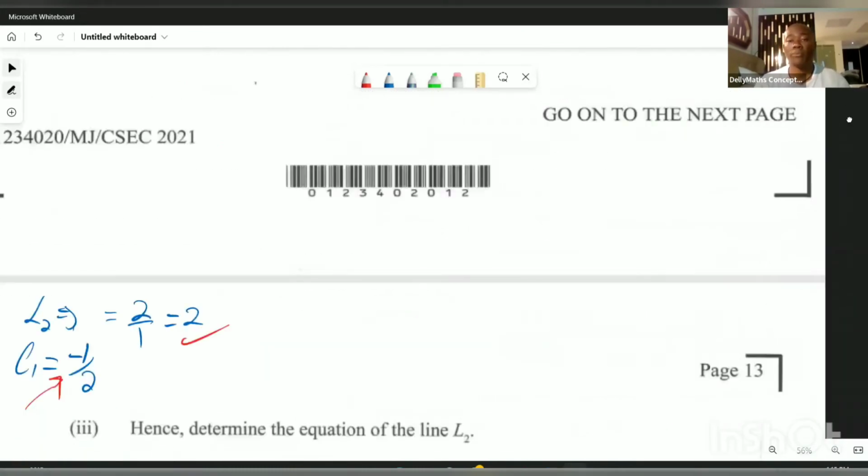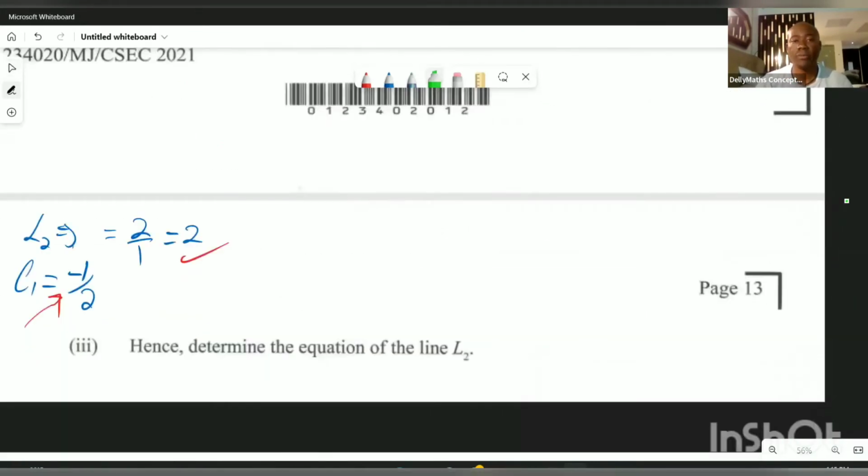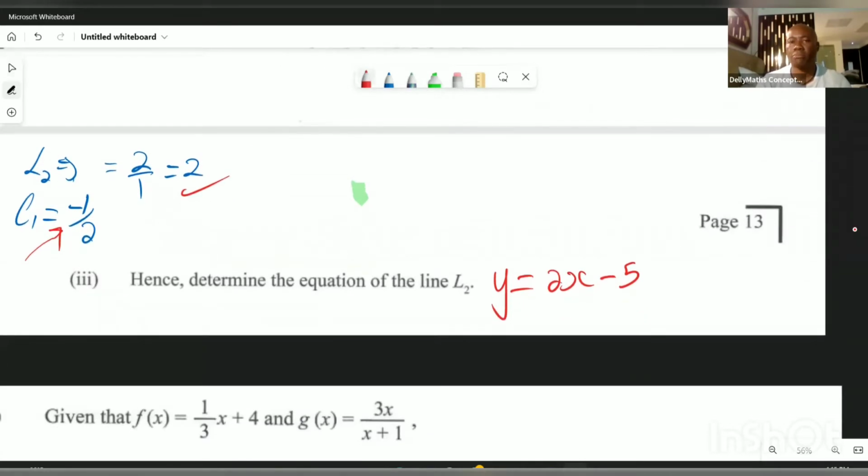So the equation of line 2 is y = 2x - 5, on the basis of where it crosses the y-axis. That's the y-intercept, -5 here, and then the gradient is 2. So basically, we're good for that.